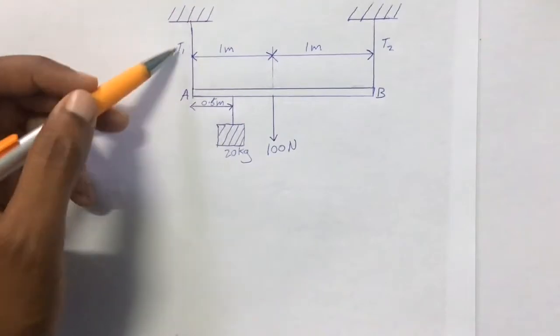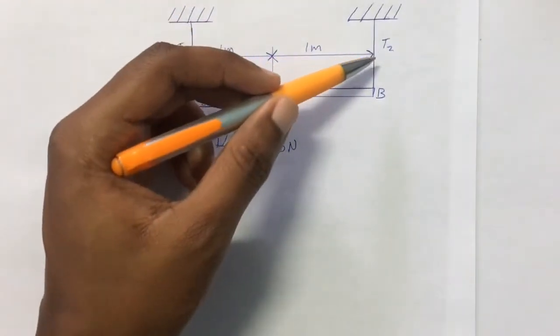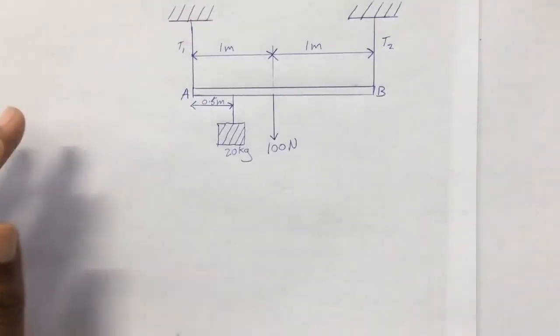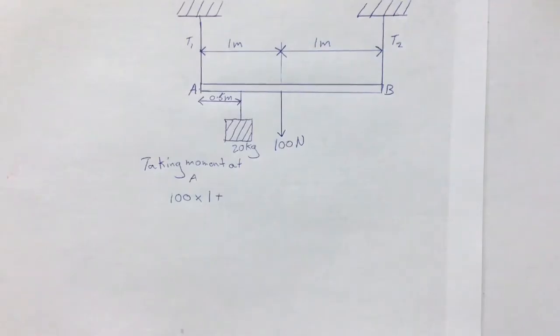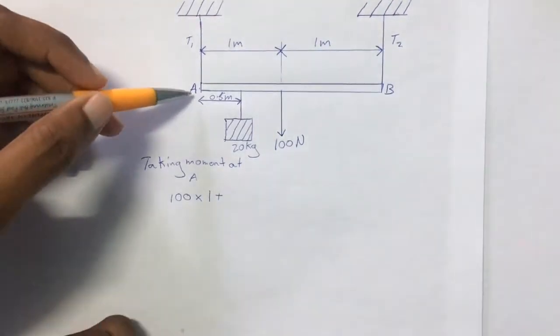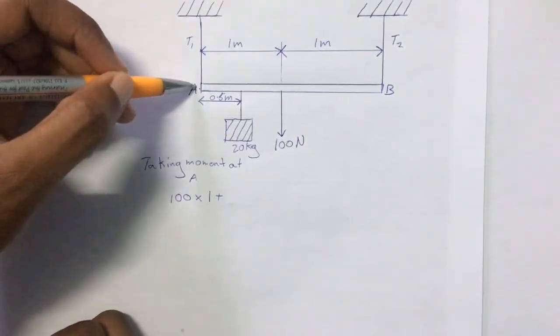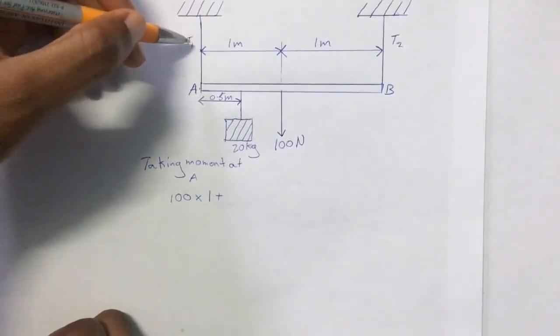So we'll eliminate T1 as a variable and we'll solve for T2. This must be done so that we can only have one variable in our equation. So by taking moments at point A, we're saying that we're making one end of the rod the pivot point, and by doing so at point A, we'll eliminate T1 as a variable.